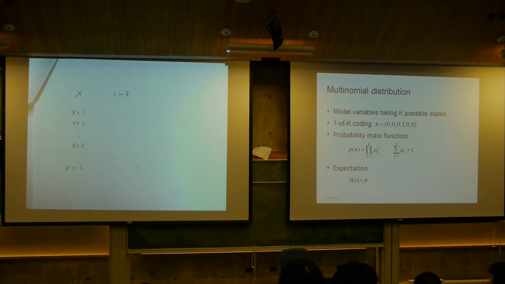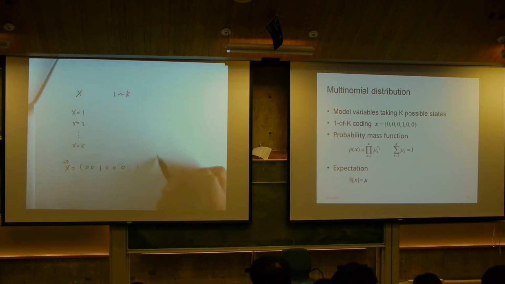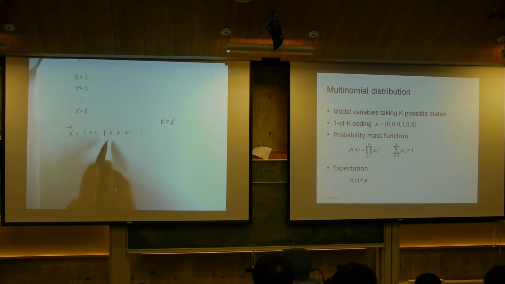1-of-k coding means that x here is a vector. There is only one component in this vector equal to 1, and all others are 0. Suppose k equals 6, so we have 6 outcomes. This vector here means that the third outcome happens.